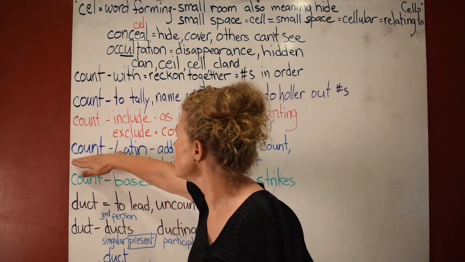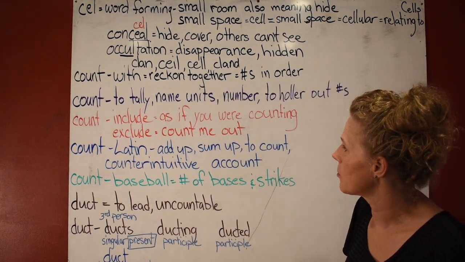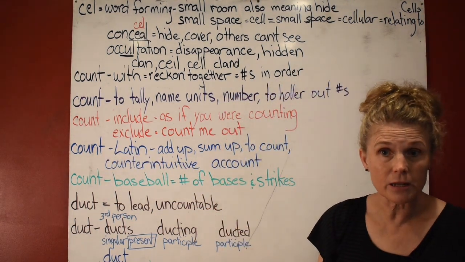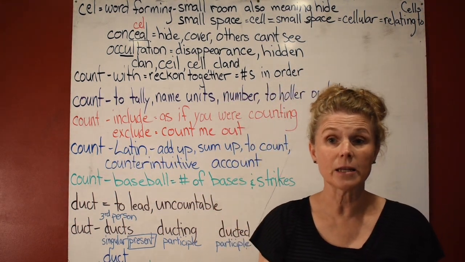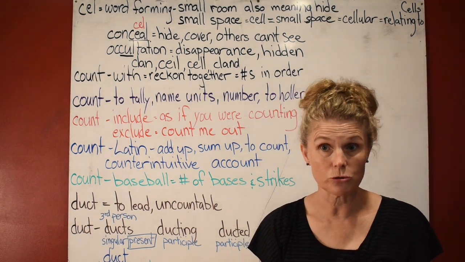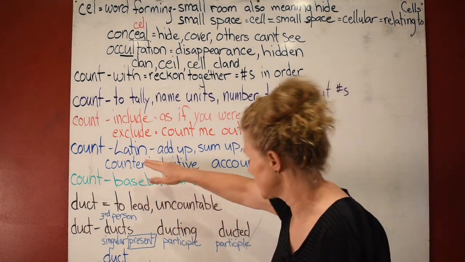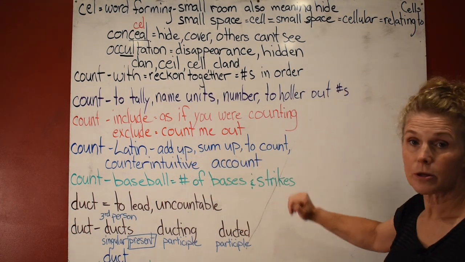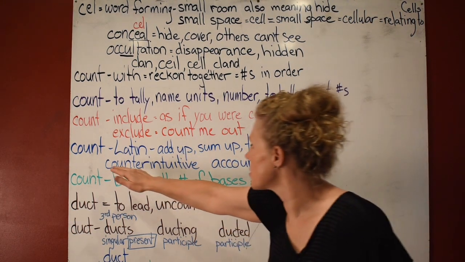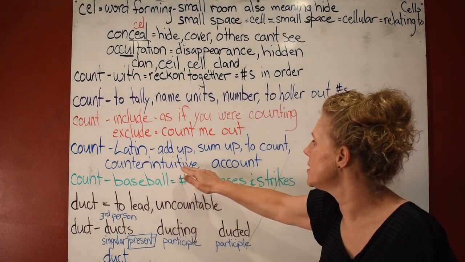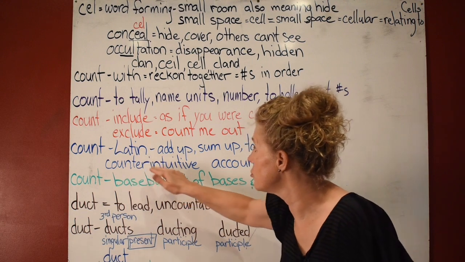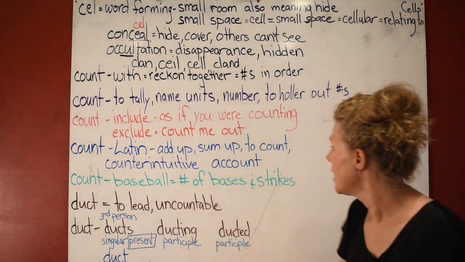Also, for here, you have this Latin root. Now, for it to be Latin, this is its meaning if you're using it as a Latin root, okay? So, it's Latin. It means add up, sum up, to count. Like this word, counterintuitive. That you're using as a Latin root.